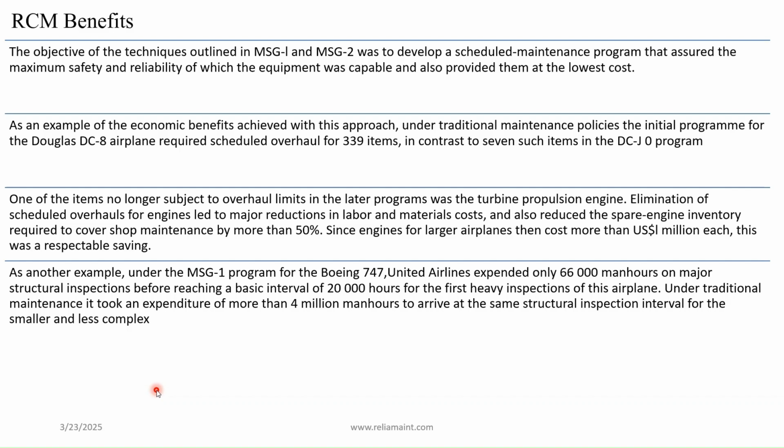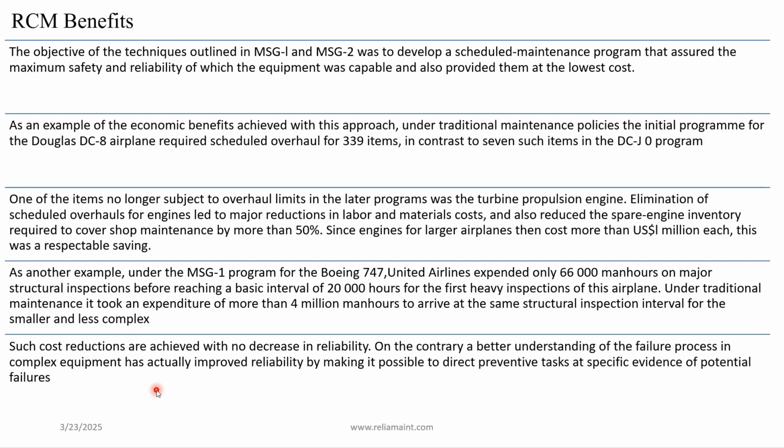As another example, under the MSG-1 program for the Boeing 747, United Airlines expended only 66,000 man-hours on major structural inspections before reaching a basic interval of 20,000 hours for the first heavy inspections of this airplane. Under traditional maintenance, it took an expenditure of more than 4 million man-hours to arrive at the same structural inspection interval for the smaller and less complex airplane.